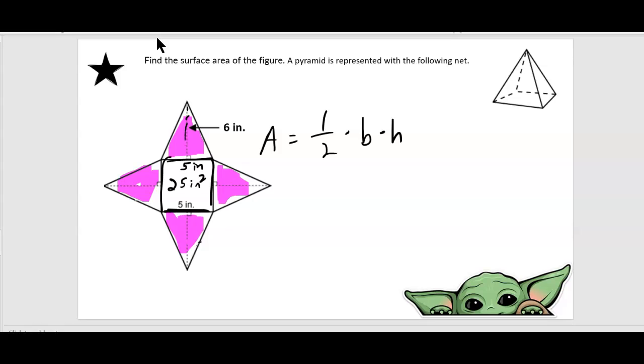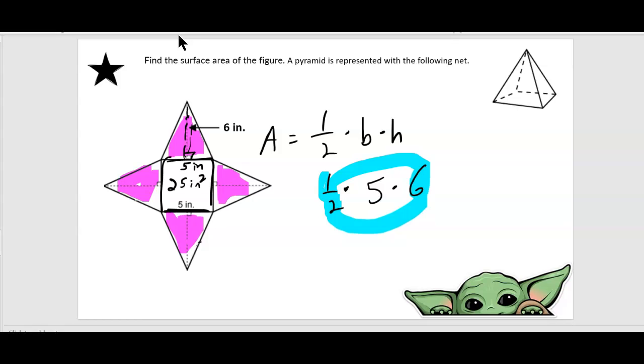Height is 6. Has that right angle. And so we have half of 5 times 6. And I'm going to show you a little trick here. You may or may not like this, but I love it. I'm going to take half of 6 first, and then I still have the 5 to deal with.